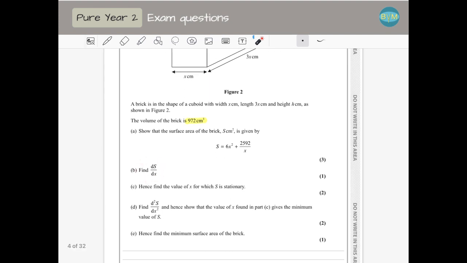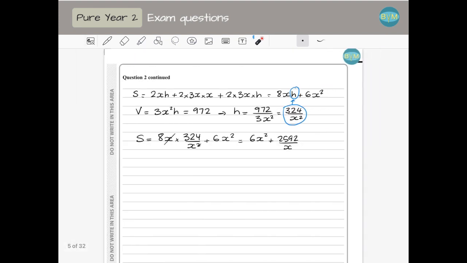Then I have to find the derivative of s with respect to x. So I'm going to differentiate that expression, and it doesn't matter if you were not able to find the expression, you still can use it. So just carry on with the question if you are not able to do the first part. So I'm going to differentiate. This part is 2 times 6, 12, x to one degree less, so x.